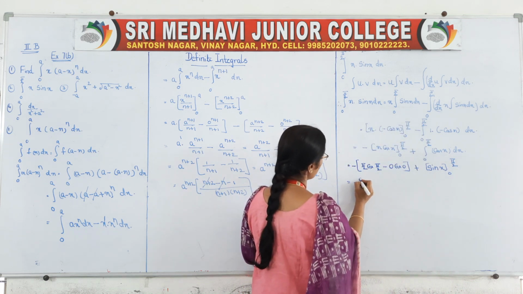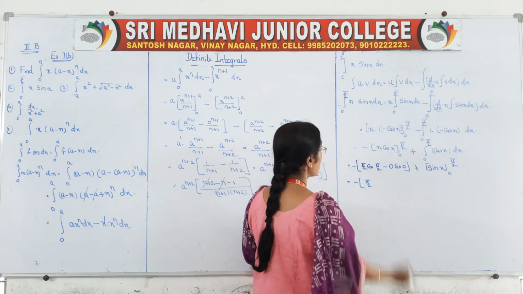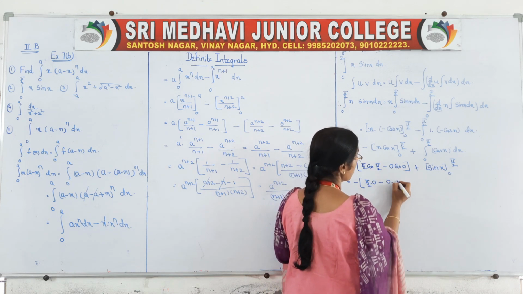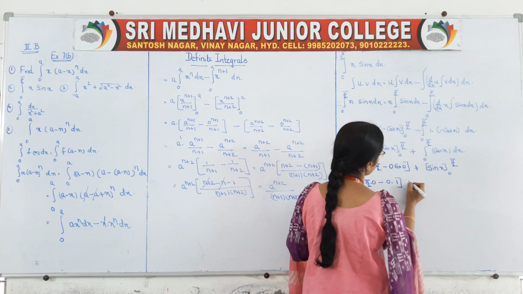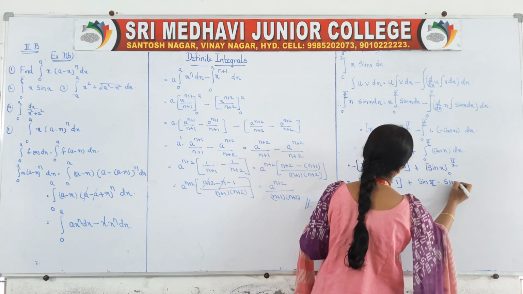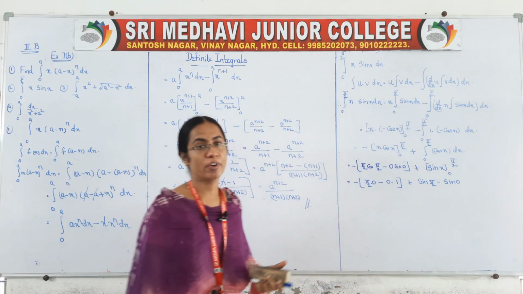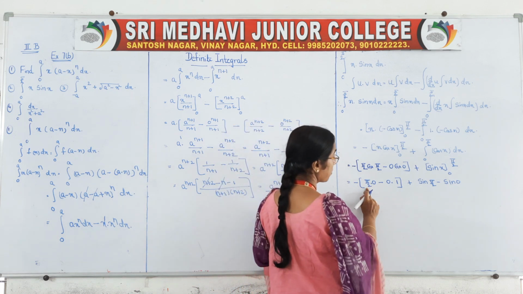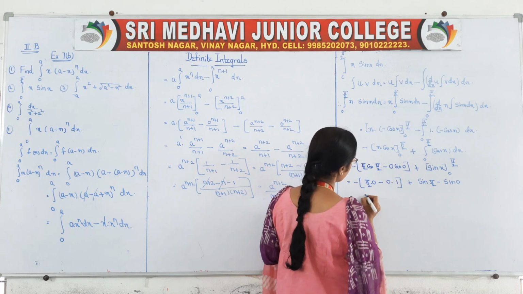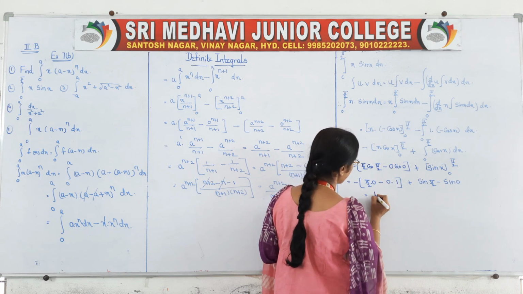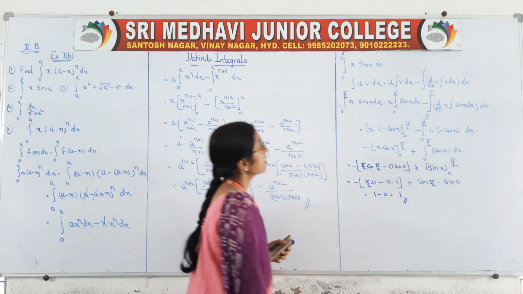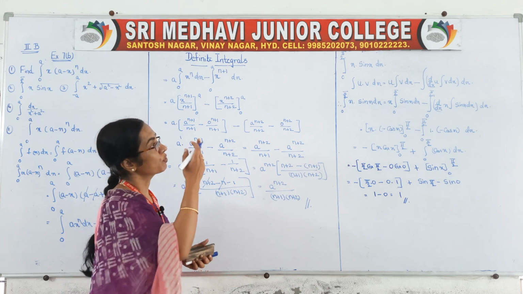So it is equal to minus pi by 2 cos 90, which is 0, minus 0 into cos 0, which is 1, plus sin 90 (pi by 2) minus sin 0, upper limit minus lower limit. So pi by 2 into 0 is 0, and 0 into anything is 0. So this total value will be 0, and sin 90 is 1, sin 0 is 0. So 1 minus 0 is 1. This is the answer to your question.